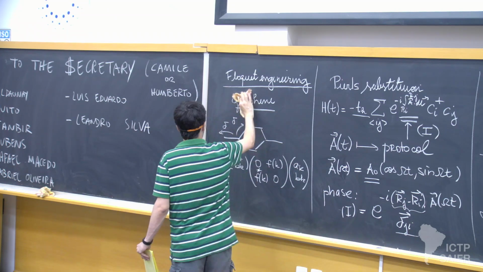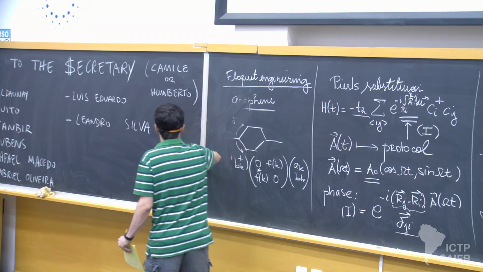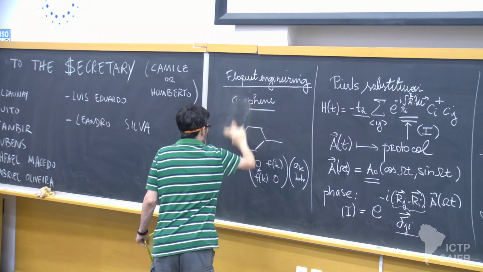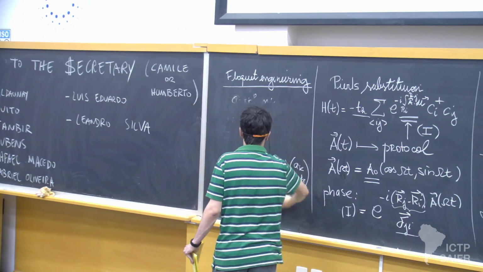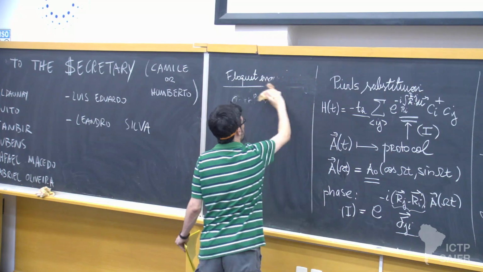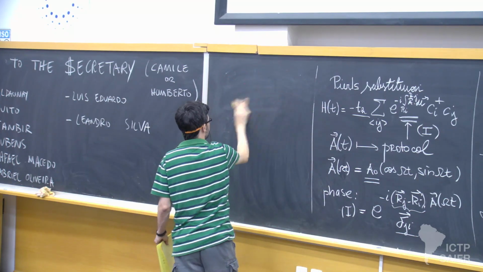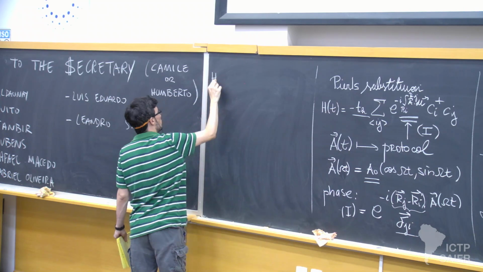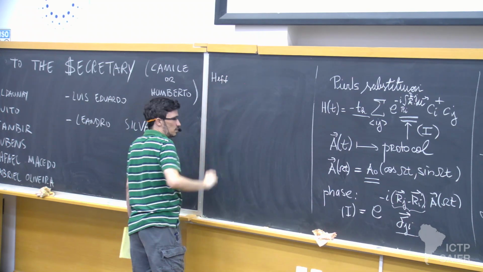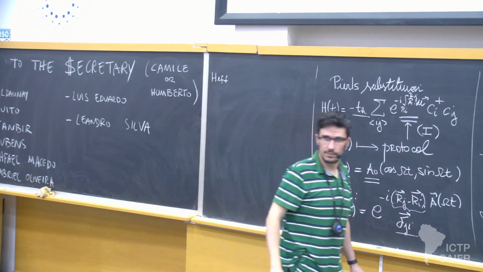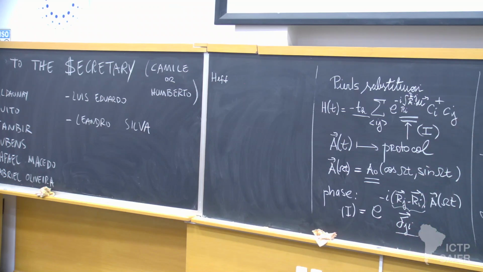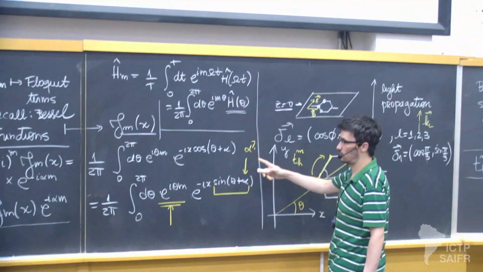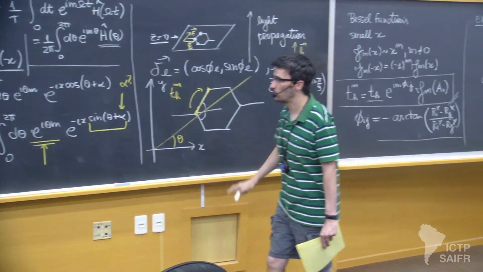Okay, so let's do our perturbation theory as we discussed yesterday. If you want to find an effective Hamiltonian, an effective 2x2 Hamiltonian, because why 2x2? Because graphene has 2 bands. This 2x2 comes from the 2 bands.